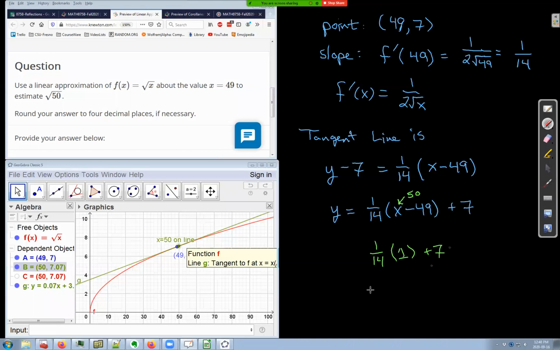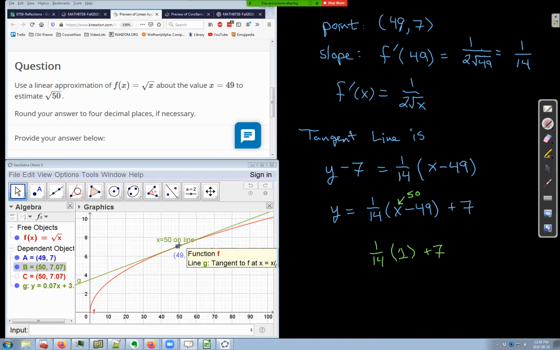And I claim that's the answer. That's the y coordinate of that green point. The y coordinate of that green point is exactly this, because we plugged x equals 50 into the equation for the green line, so we get the y coordinate out.